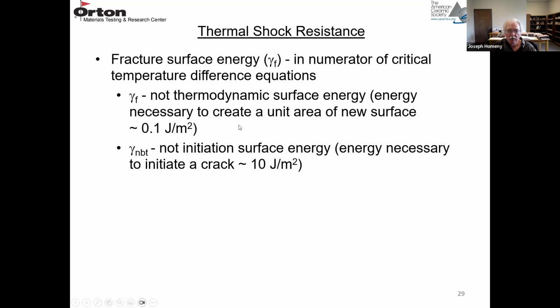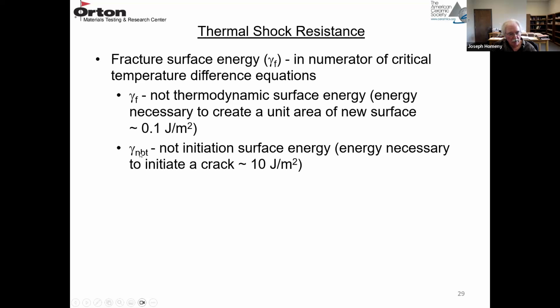So again, the surface has excess energy compared to the bulk because of the unsatisfied bonds at the surface. So gamma F, this fracture surface energy for crack propagation in a refractory, is not the thermodynamic surface energy, which is pretty low, 0.1 joules per meter squared.